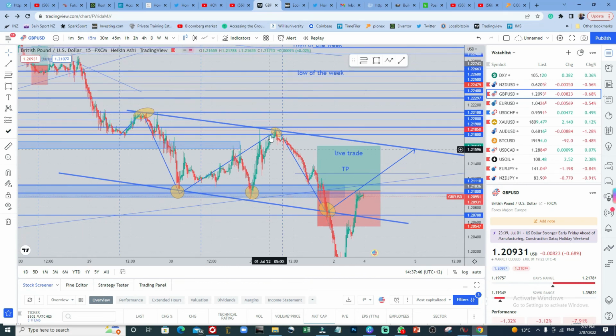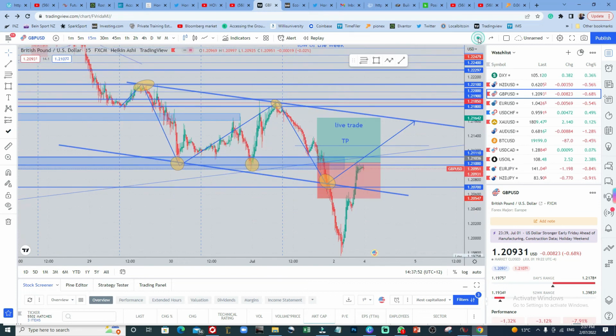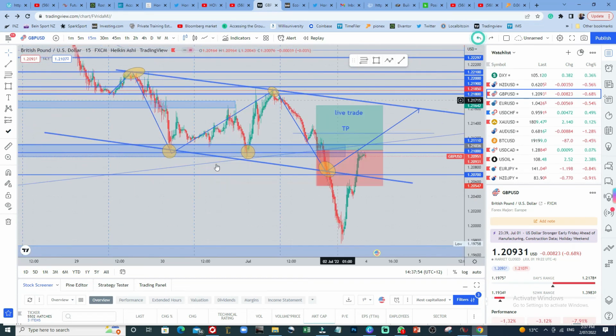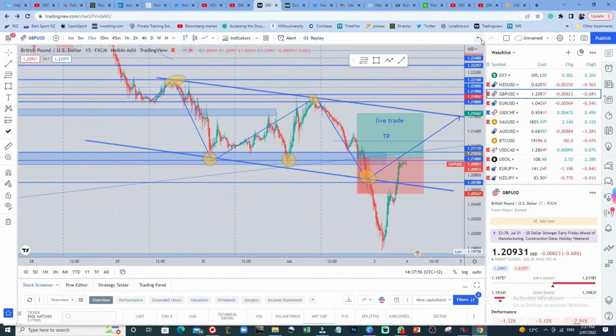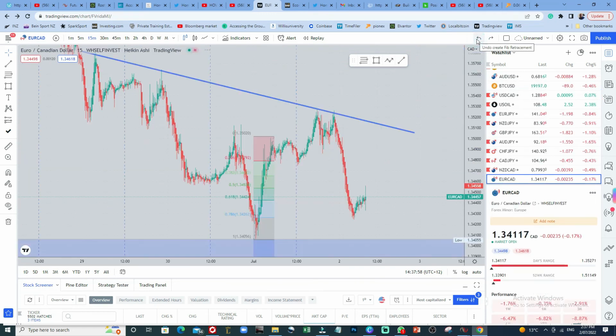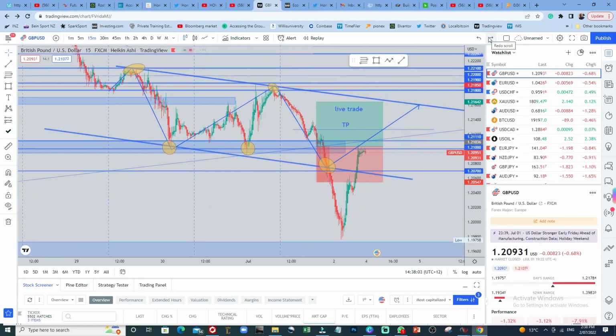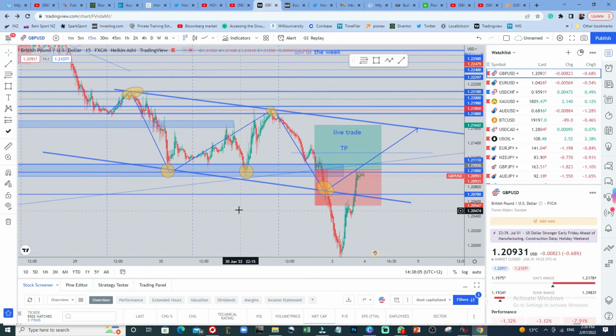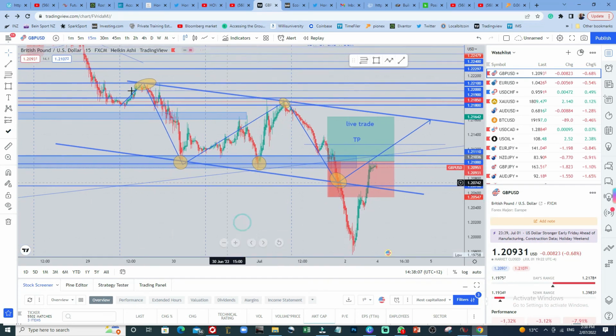The major flow of the market is bearish in its trend, pushing to the downside.